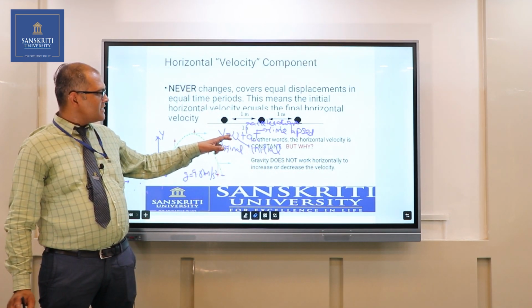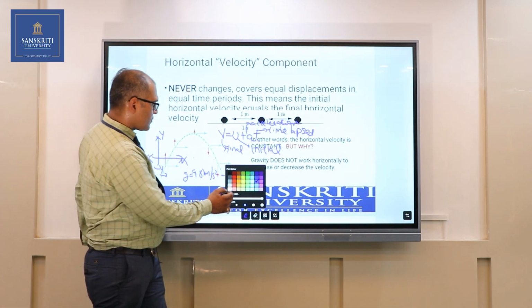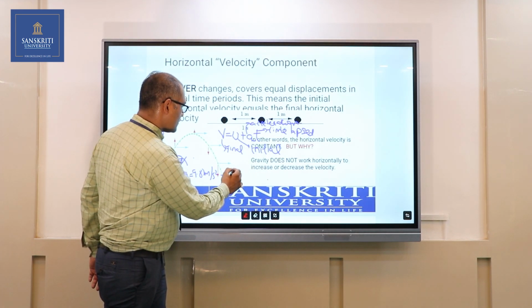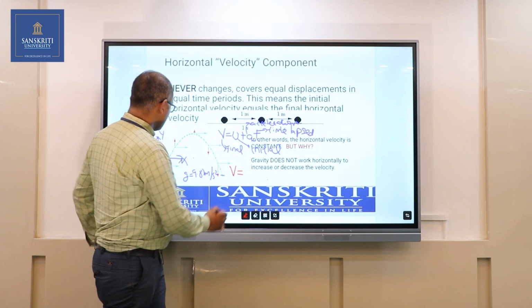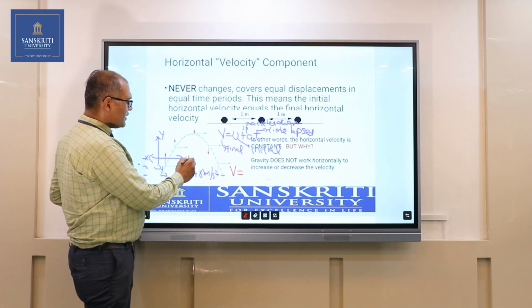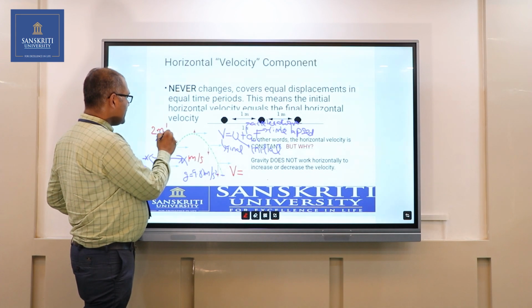Now we will apply the same equation for the horizontal direction. What have we assumed in the horizontal direction? We have assumed 1 meter per second in horizontal and 2 meters per second velocity in vertical.